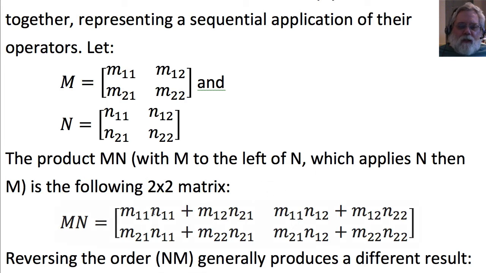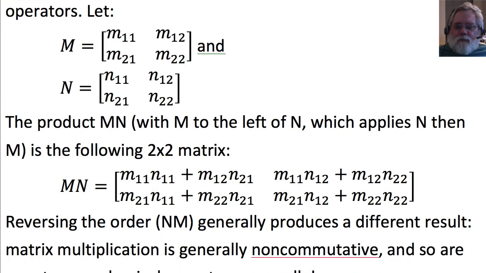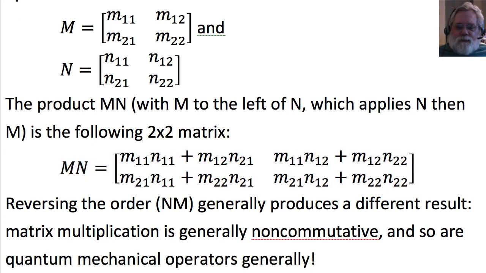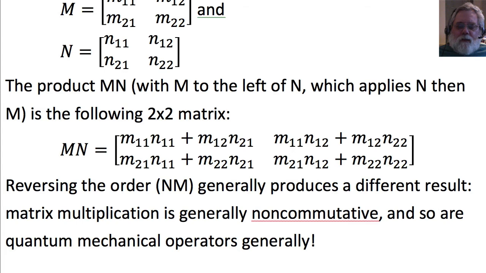It's this following 2 by 2 matrix. If you're familiar with matrix multiplication, you will instantly see that this is the result. If not, you'll have to take my word for it. If we reverse the order, N to the left of M, we would get a different result. Matrix multiplication is generally non-commutative, and so are quantum mechanical operators generally.